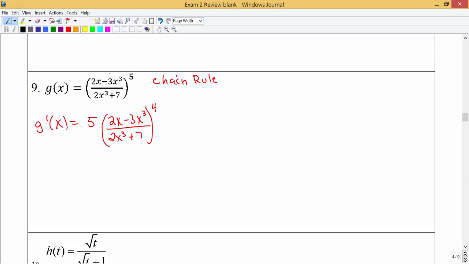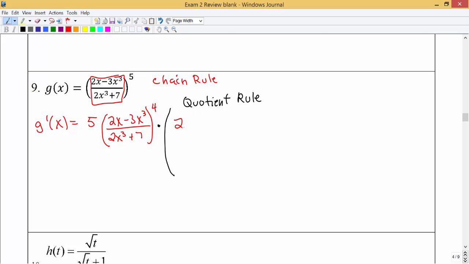Now we want to take the derivative of the inside, so we're going to multiply this by the quotient rule. So we're going to use the quotient rule for the inside since the inside function is a fraction.